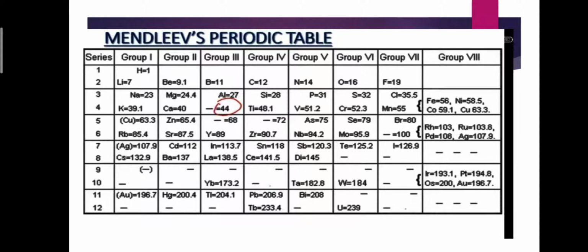So he made a card for each of the known elements by then, 63. He played around with the cards on a table, arranging the elements in order of increasing atomic masses, and then into groups with similar behavior. The result was the periodic table. It was published in 1869.